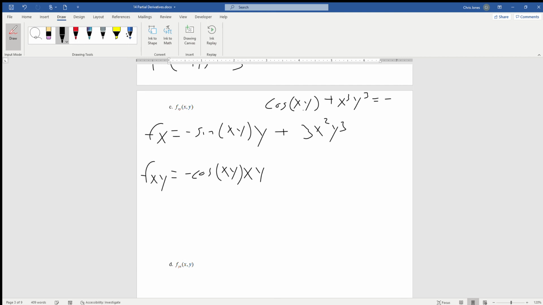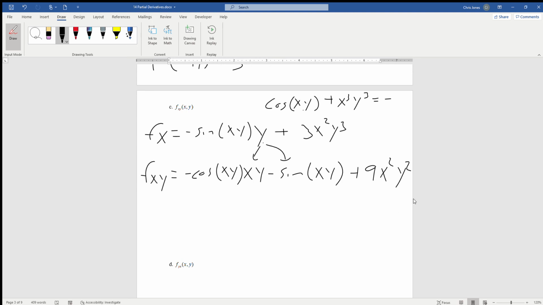So we have negative cosine xy times x times y, and then we're going to take the derivative of this y, so we're going to have minus sine xy. This is our product rule. And then the derivative of 3x squared y cubed with respect to y, 9x squared y squared. So let's hold on to that solution.